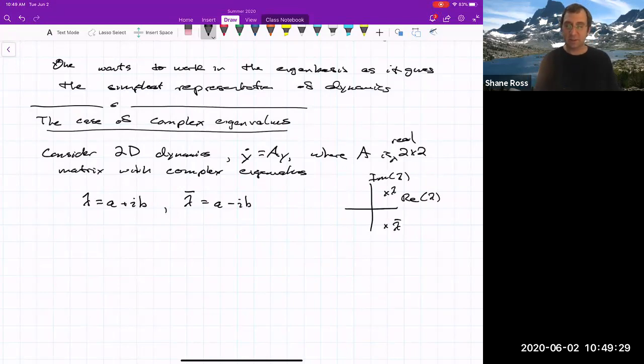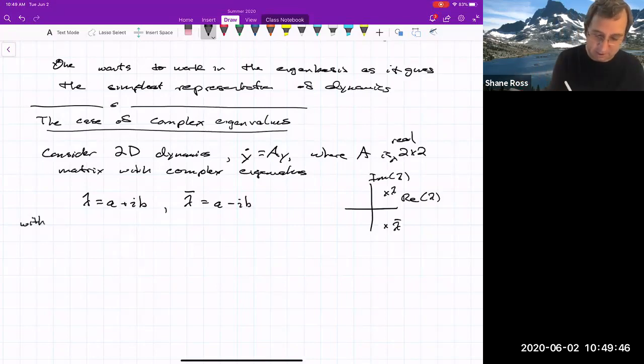Okay, so if you have a system where A and B are real, it's going to have corresponding eigenvalues. I could give you a matrix that you type into MATLAB, and MATLAB just spits out the complex eigenvalues.